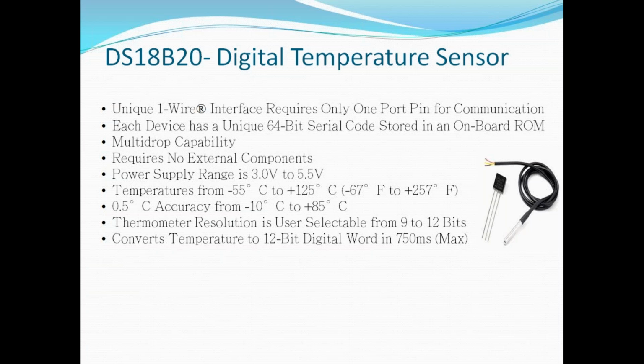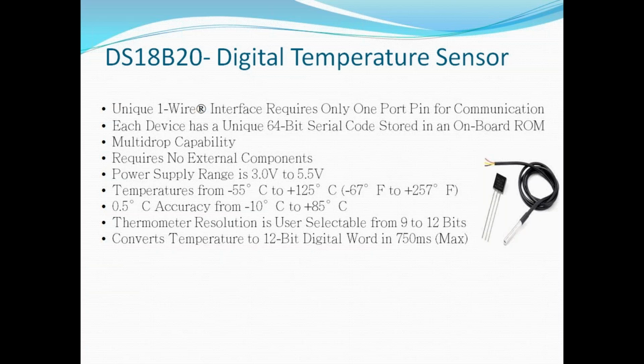Then when we select a sensor, any type of sensor, you must identify the working range, because depending on your requirement, you have to select the sensor according to whether it falls under that particular range or not.